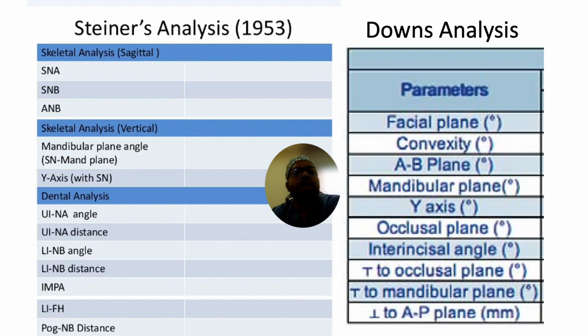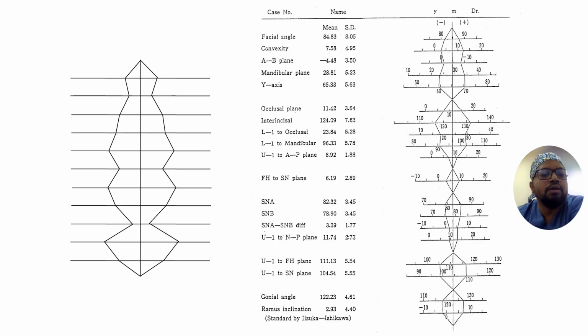So when we do the analysis, Steiner, Downs, these angles and distances are measured. Then we write down the measurement values, compare them with the normal values with the standard deviation, and present these details in a polygon.